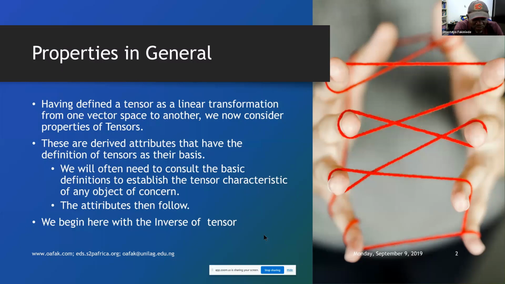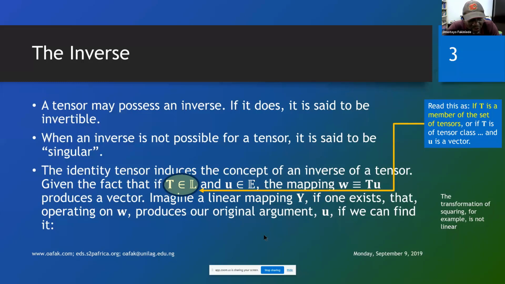We begin here with the inverse of a tensor. What is the inverse of a tensor? A tensor may possess an inverse. So if a tensor is a transformation, then the inverse is the inverse transformation. If it does possess an inverse, that tensor is said to be invertible.